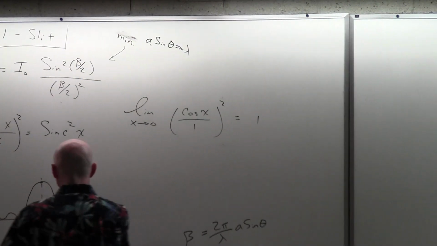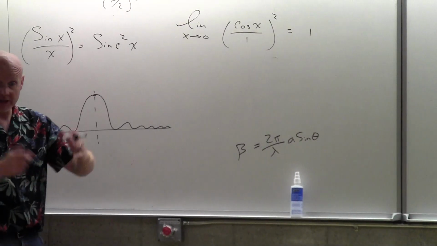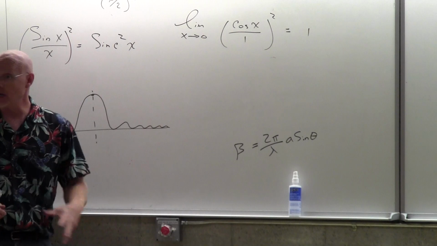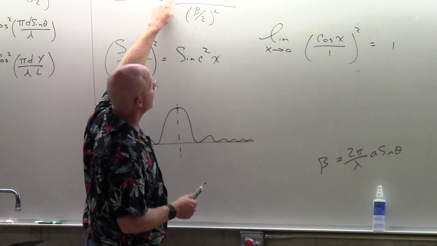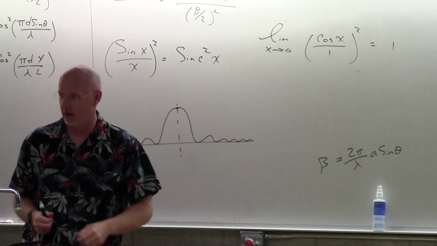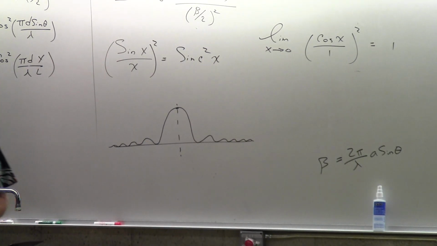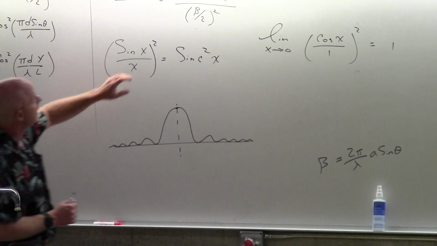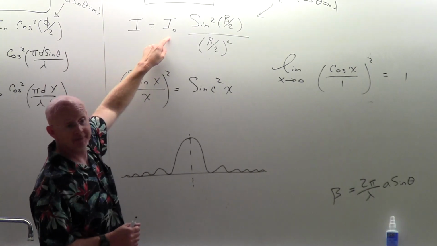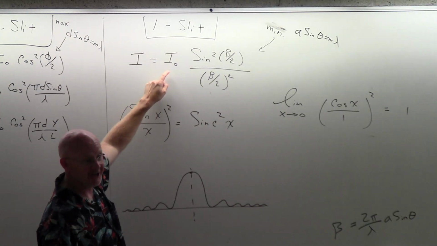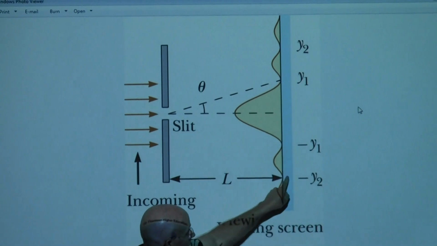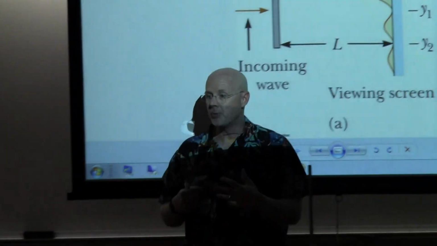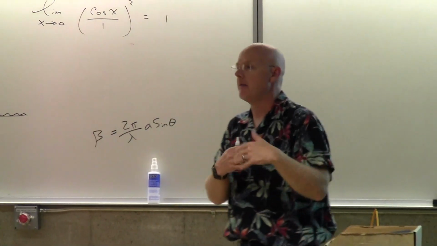And so, down the center does not get infinite because the denominator goes to 0, nor does the function go to 0 because the numerator goes to 0, but there is a well-defined limit. It's a limit of 1, and that's why, at the middle, what would we get? Just I naught. And so this center part is I naught, and then it goes bright, dark, bright, dark, bright, dark, and each bright is a little bit less bright than the one before.